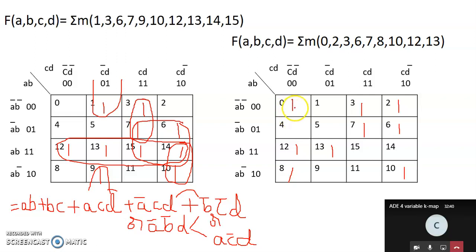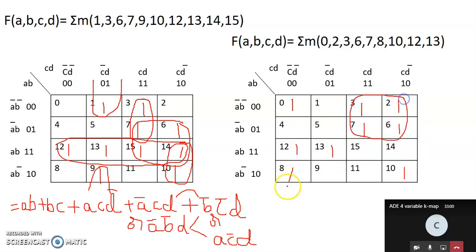All four, a quad. That is the only possibility for this one. If I go with this, I have two possibilities, this pair or this pair. If I go with this, only one possibility, all four in one group. So I'll first make this group.